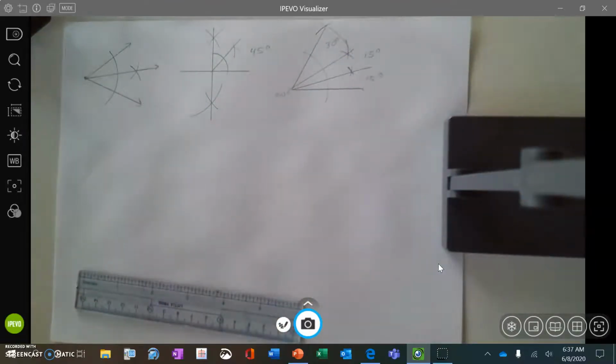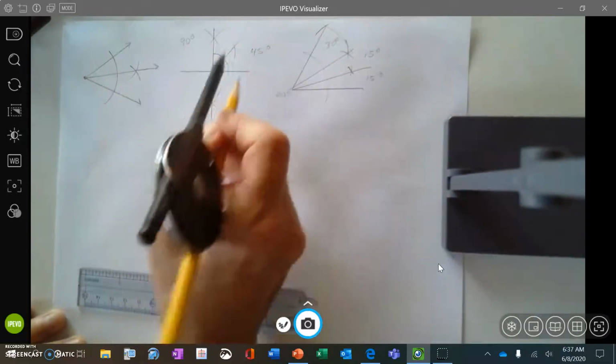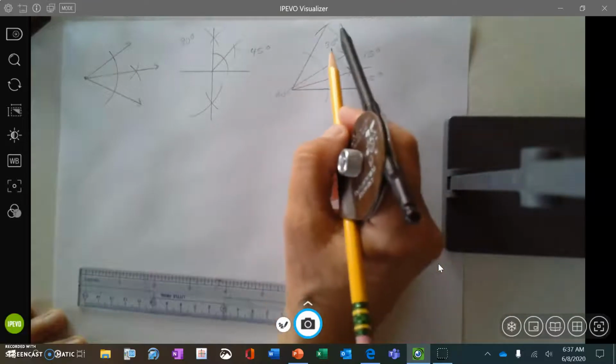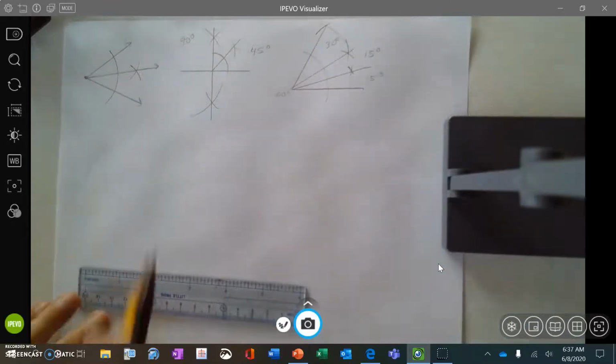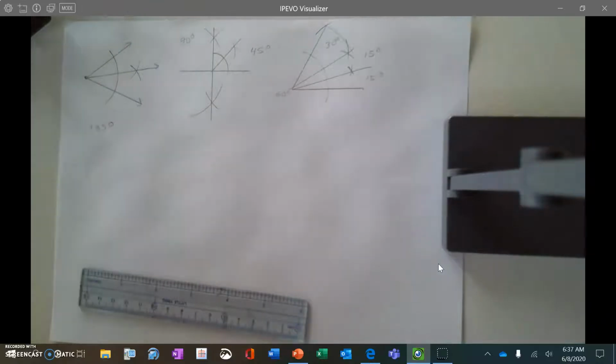Now, if I know a 45 and a 90, so this is 45, this one would be 90. If I know a 60, a 30, and a 15, I can construct other angles that are a combination of those. So for instance, I can do a 135-degree angle.